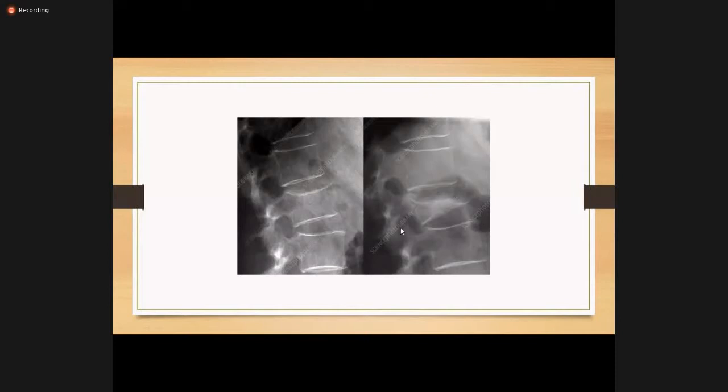This one is very much compressed with total loss of height. Here also, at the earlier stage, there is concavity that has developed, there is wedging, and if not addressed at this stage it can lead to this. And here you actually cannot reverse things. So try to preempt, be proactive as far as your bone density is concerned.